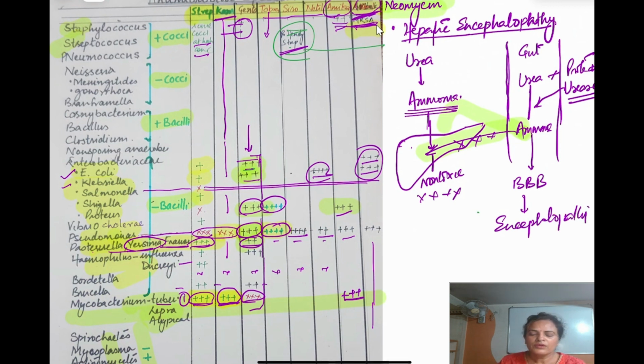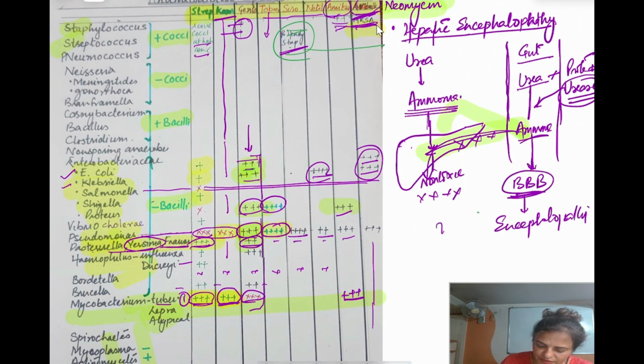Okay. So in the gut, if the person gets infected with a urease producing microorganism like Proteus, a gram negative bacillus, it converts urea into ammonia. Normally this ammonia is converted into a non-toxic product by the liver, but if the person has liver failure, then it will cross the blood-brain barrier and the person will end up with hepatic encephalopathy.